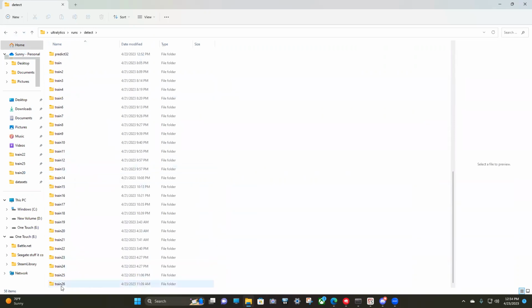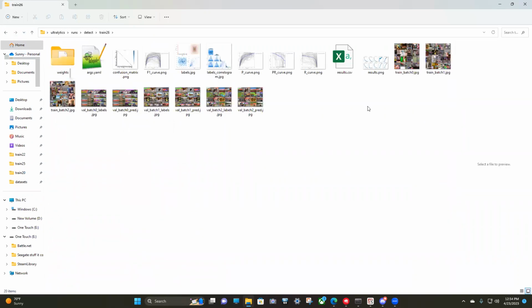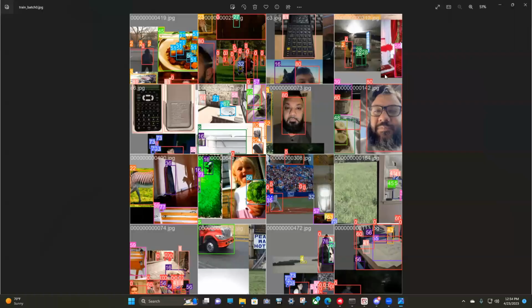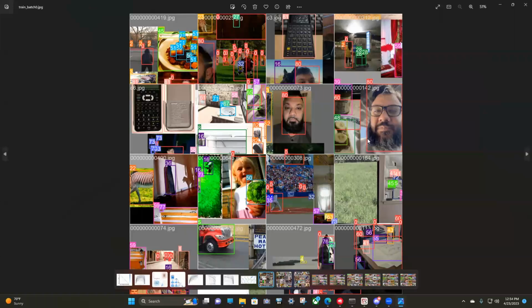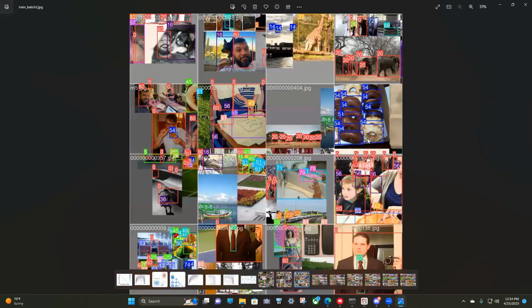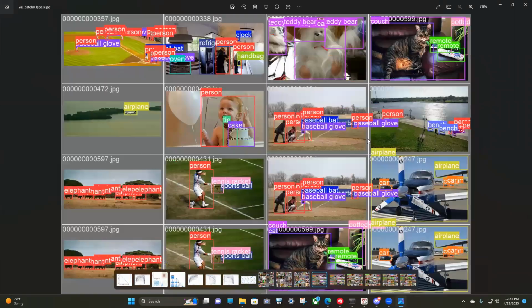And then this is 400 epochs. And here's the batch size it's training. So this is train batch, and then this is validation. Okay, so that's the labeling, that's the validation.